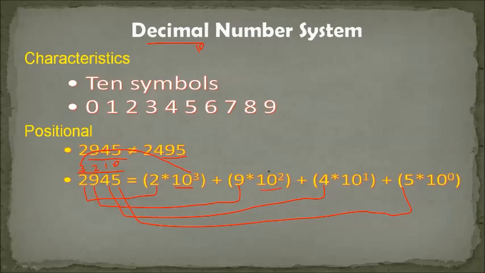Since we are using decimal, the base value is 10. What is the positional value of 9? 2. Same way, 4, and the positional value of this is 1. So 10 is the base value, 10 power 1. The next one, plus 5.